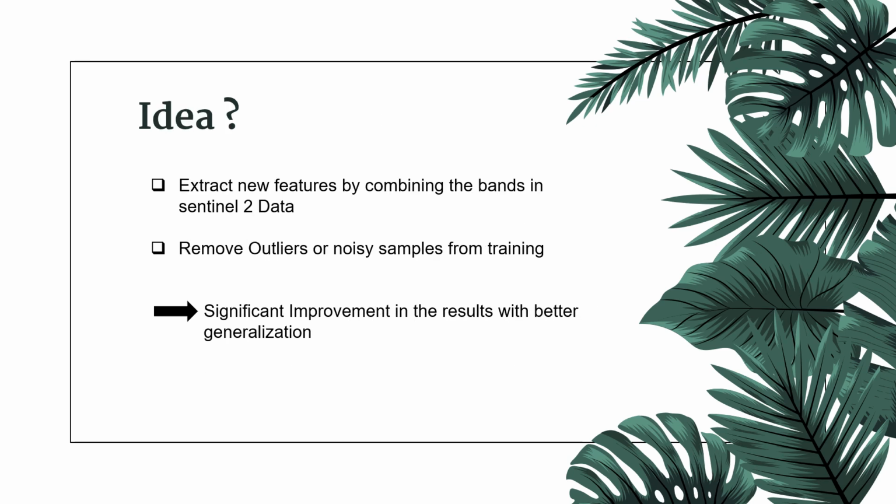So the idea was to extract more relevant features from our dataset to predict the correct amount of biomass, and also remove outliers or noisy samples from training. As a result, we got a significant improvement in the scores in both cross-validation and test, with better generalization.